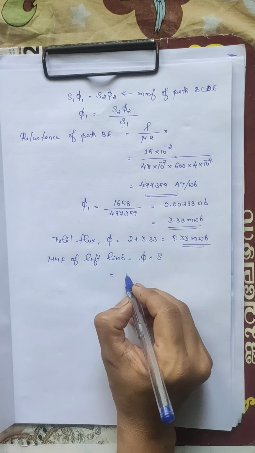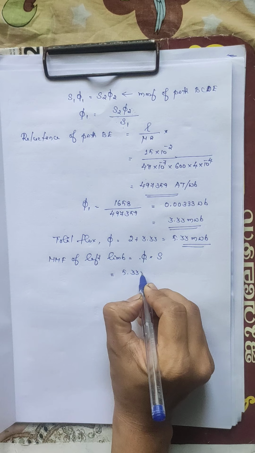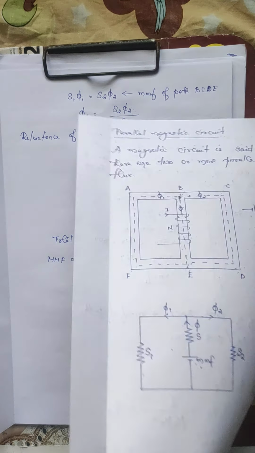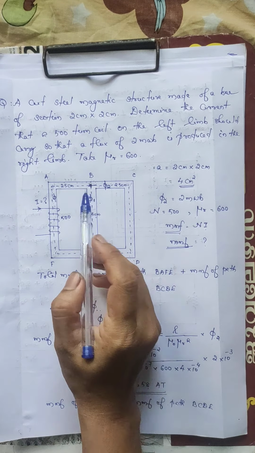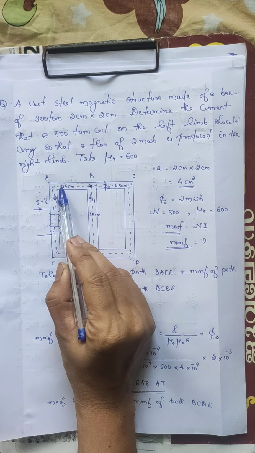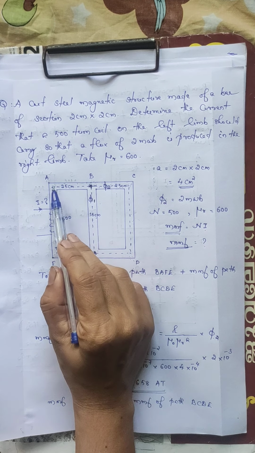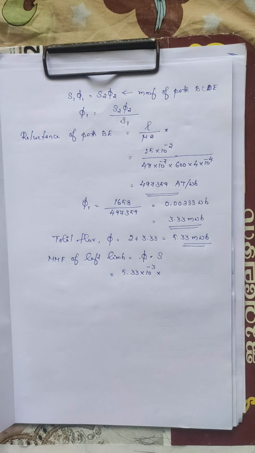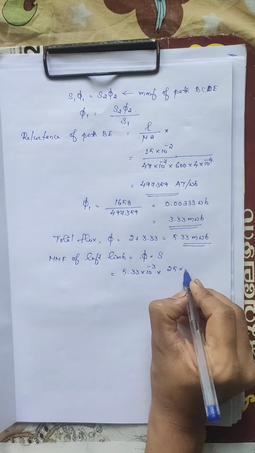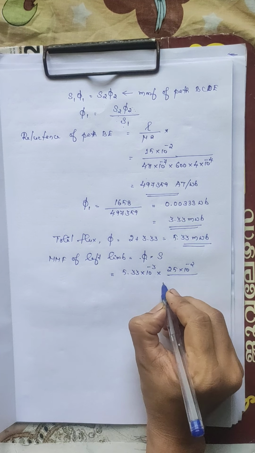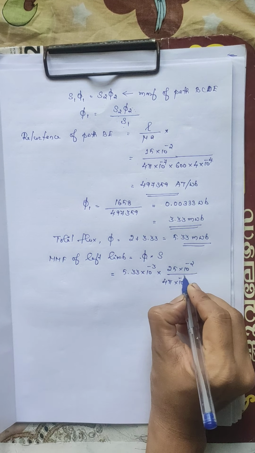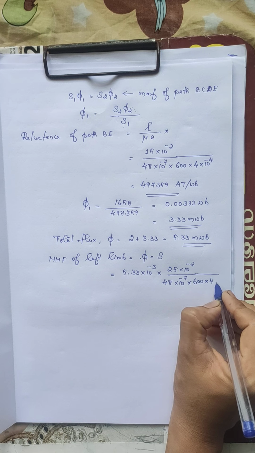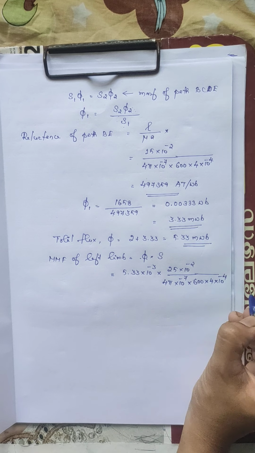So this will be equal to 5.33 milliweber, that is 5.33 into 10 raised to minus 3 Weber, into the reluctance of the left limb, that is L divided by mu A. The length of the left limb is 25 centimeter, that is from B A F E. So L divided by mu A is 25 into 10 raised to minus 2 divided by 4 pi into 10 raised to minus 7, mu 0, into mu r 600, into area of cross section, 4 centimeter square, that is 4 into 10 raised to minus 4 meter square.